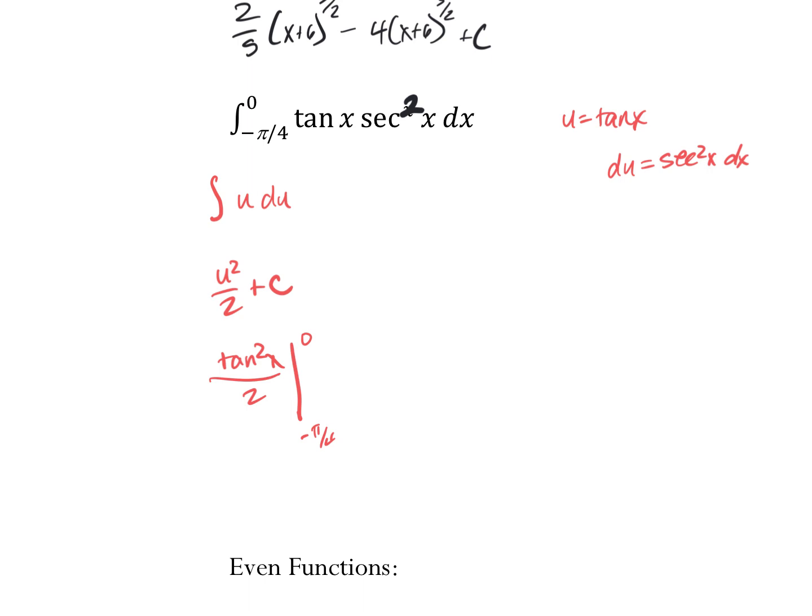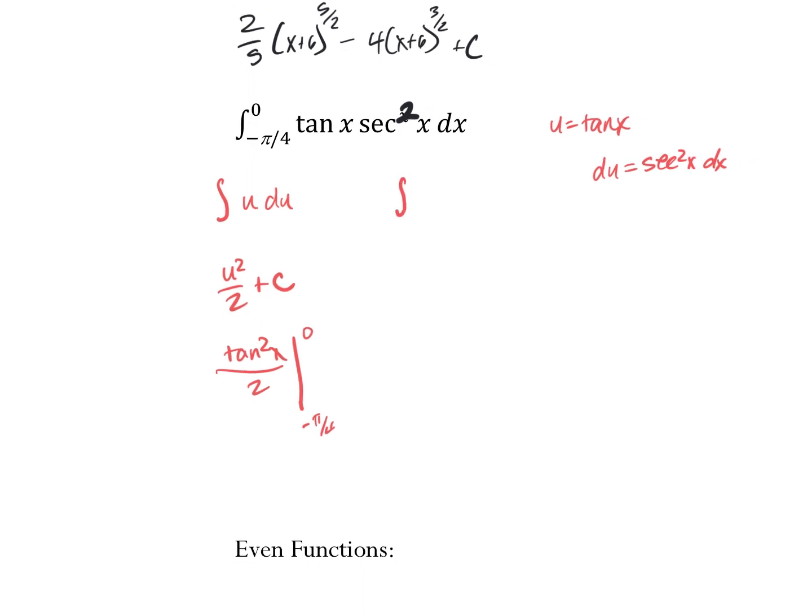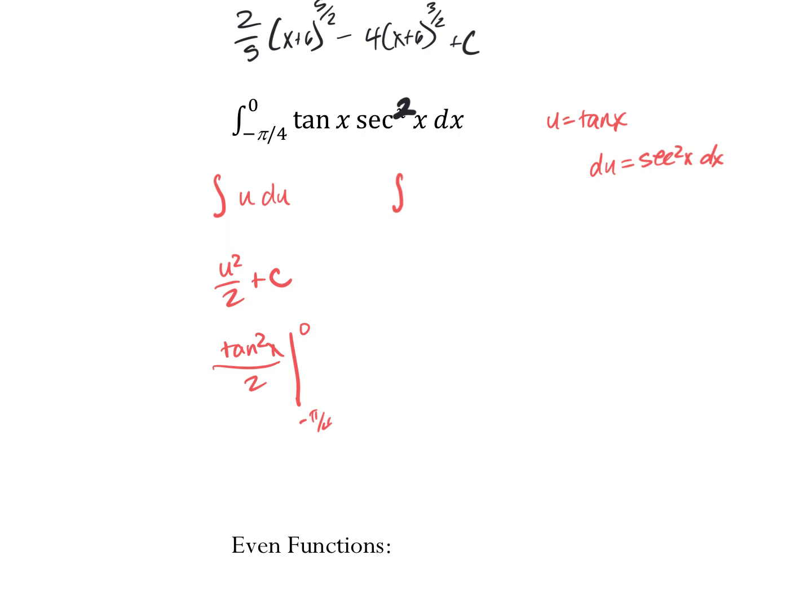That's fine. That's a totally acceptable way to do it. The other thing we could do is say, hey, if I know that u is equal to the tangent of x, then I could say, well, what is u at negative pi over 4 and what is u at 0? Like I could plug my bounds into that u function.